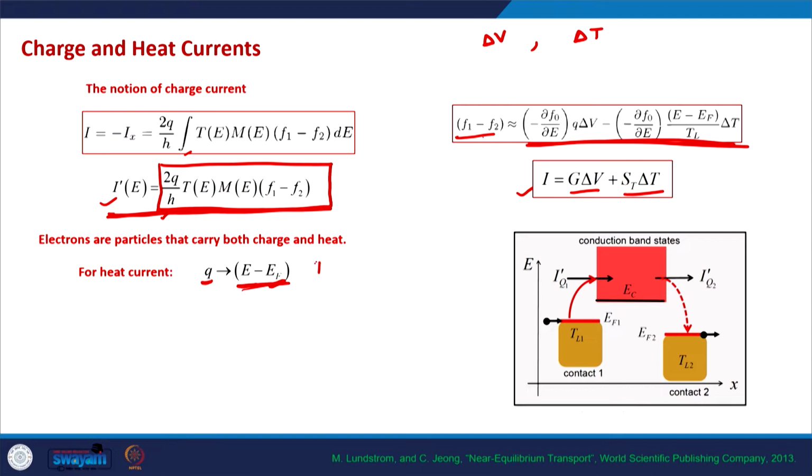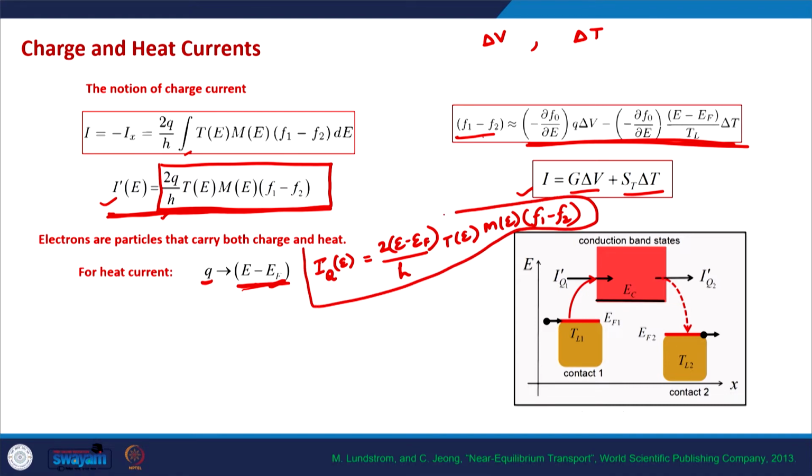So the heat current at a certain energy E will be 2 times E minus EF divided by h, times TE times ME times F1 minus F2. Okay?